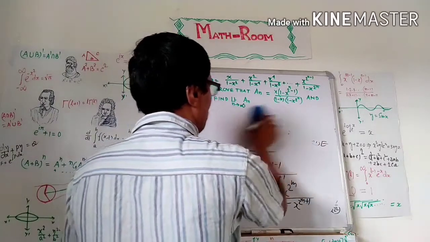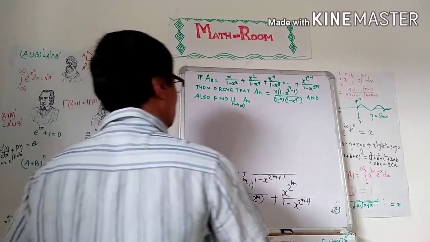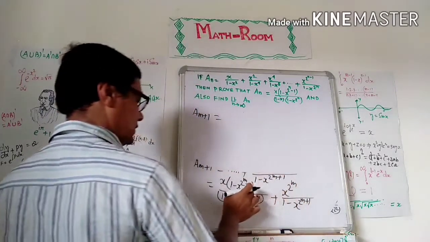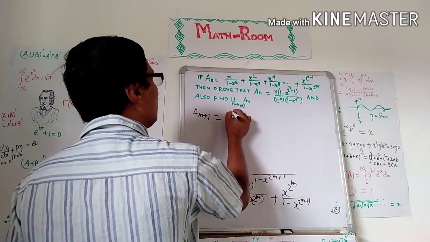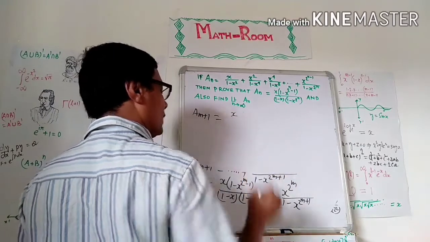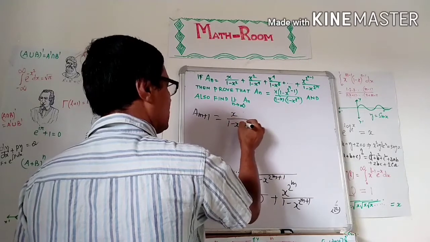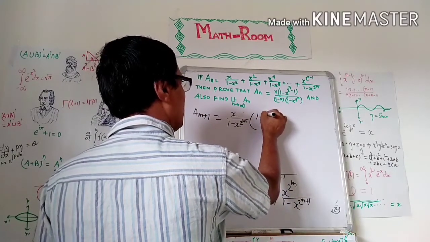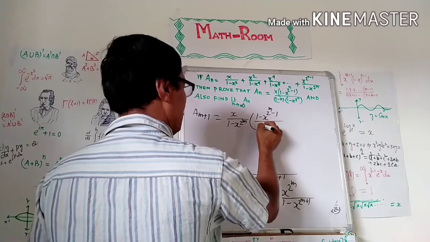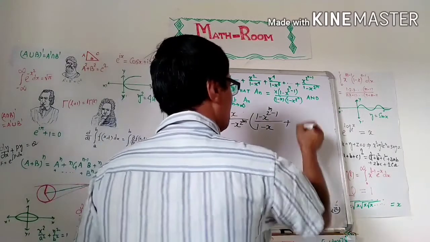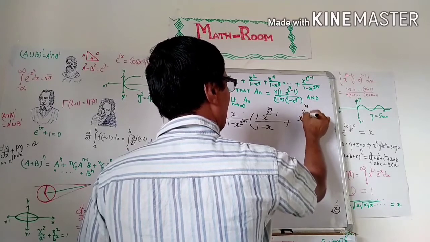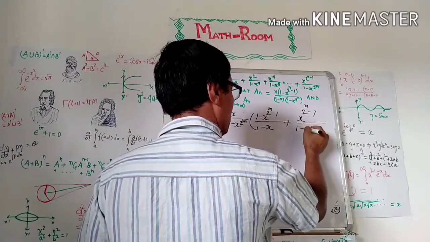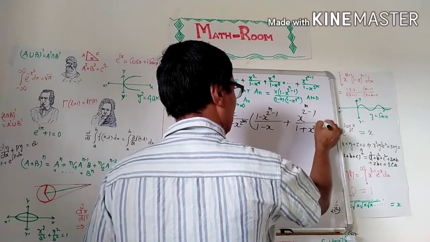Now S(m+1) equal to, we can factorize this expression, and after factorization we get x over 1 minus x to the power 2 to the power m into 1 minus x to the power 2 to the power m minus 1 over 1 minus x, plus x to the power 2 to the power m minus 1 over 1 plus x to the power 2 to the power m.